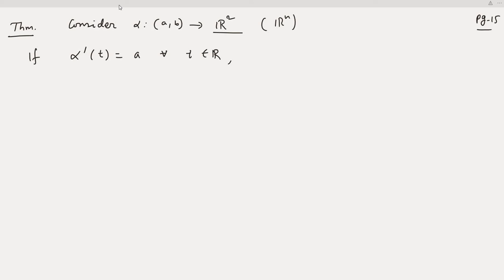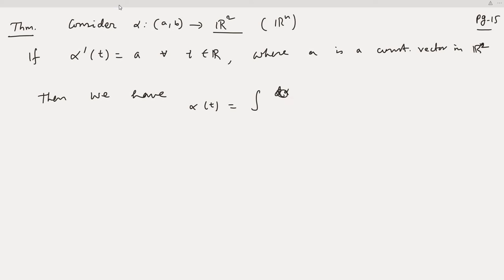If alpha prime of t equals a for all t belongs to R, where a is a constant vector in R2 or Rn, here we are using R2 only, then alpha of t is equal to the integration of alpha prime t dt.